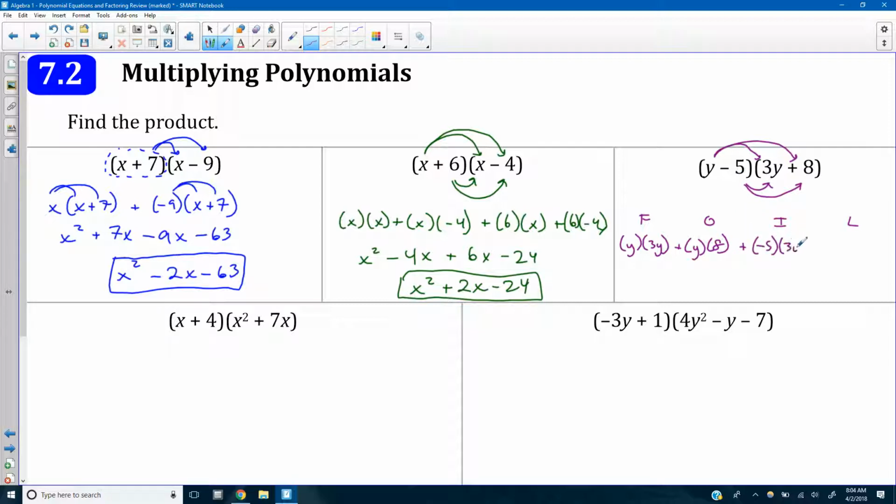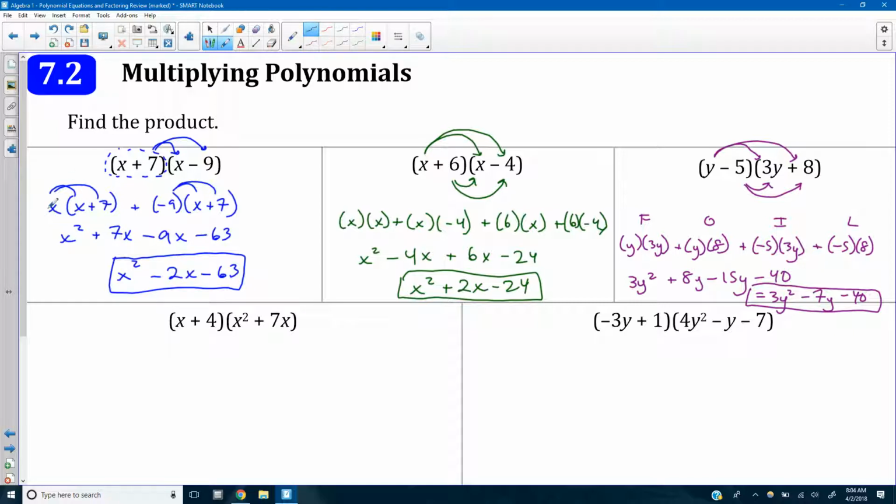Now remember, this is no different from what I just last did. Just you say it differently, a different perception might come in place there. So I'm doing the exact same thing here. So I'm going to get 3y squared. This will be plus 8y minus 15y minus 40, which is 3y squared. 8 minus 15 is negative 7, minus 7y minus 40. And there you go. By the way, make sure these are all left in standard form. Not that it's too hard here regardless.